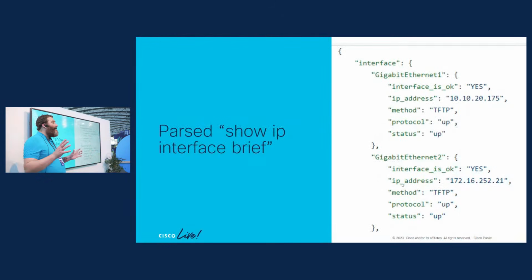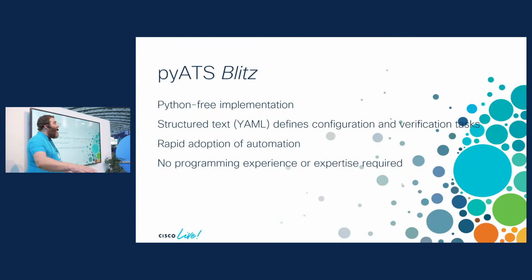So who so far is saying, this all sounds wonderful, this sounds great, but I don't know Python. I don't know any Python, and I'm not really sure or confident in my team's ability to learn Python. There is something called pyATS Blitz, also known as quick triggers. Python-free implementation, pure YAML.